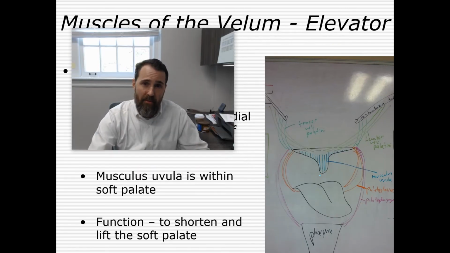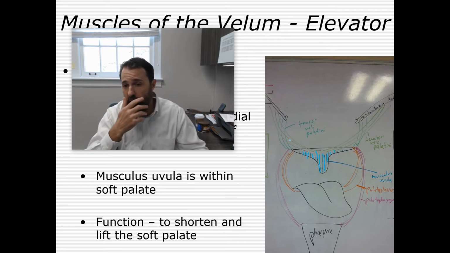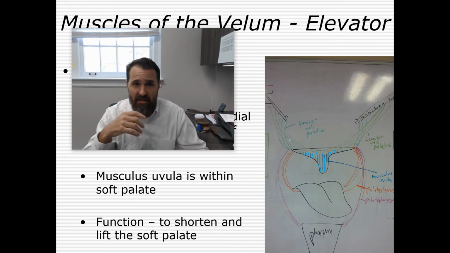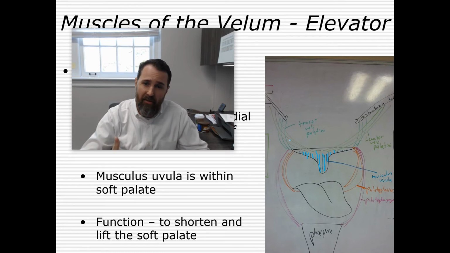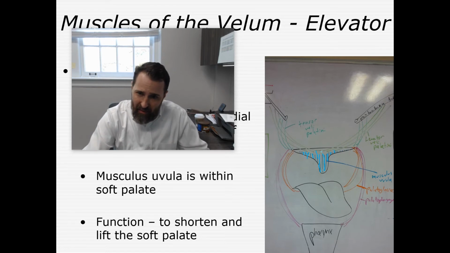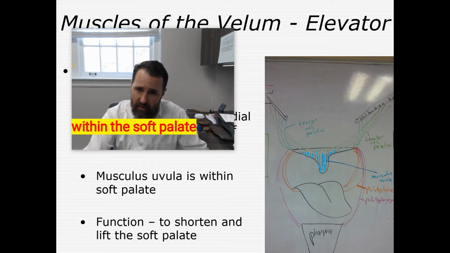And our last muscle of the velum we're going to talk about is the Musculus Uvulae. So the Musculus Uvulae here is illustrated in these blue striations on this image. And you can think of it as being the intrinsic muscle of the uvula. It doesn't start somewhere else and reach into the uvula. It is within the uvula.